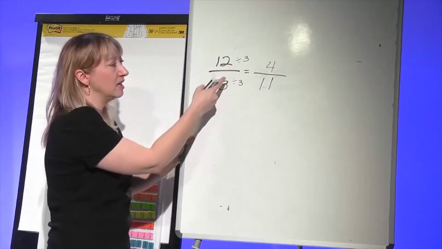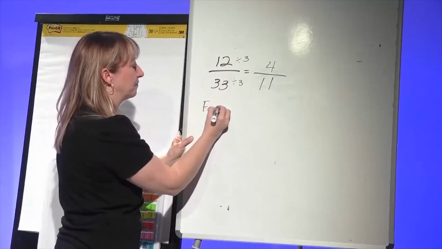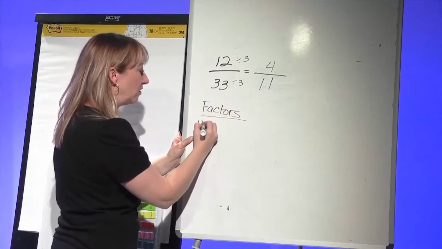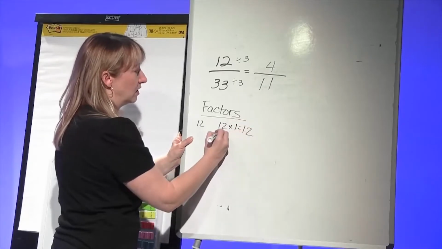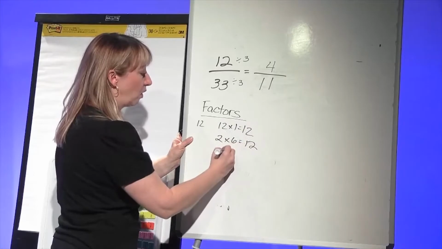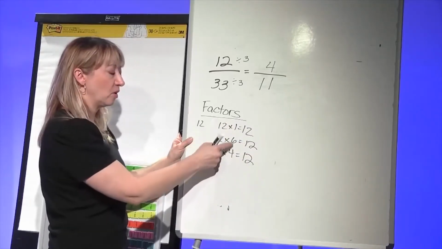So again, how did I know to divide it by 3? I looked at my factors. My factors of 12 would be 12 times 1, 2 times 6, 3 times 4. Okay, so I have 1, 2, 3, 4, and 6 as my factors.